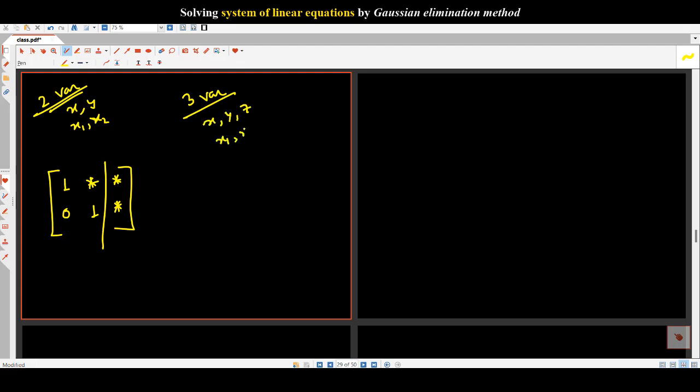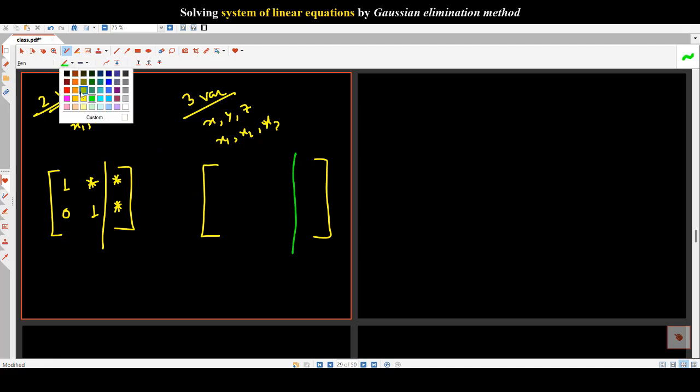Let's say x1, x2, x3. Then step 2 is very vital. In step 2, you have to target for making 1, 0, 0, then 1, then 0, then 1. And here there are some non-zero values.